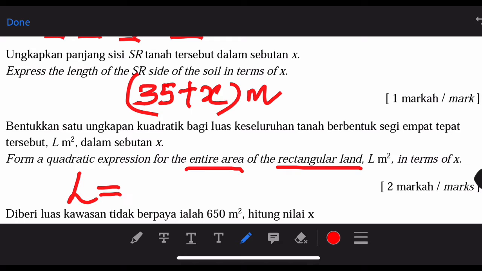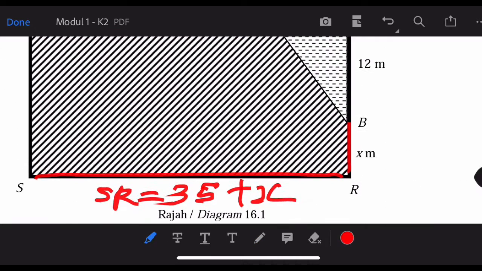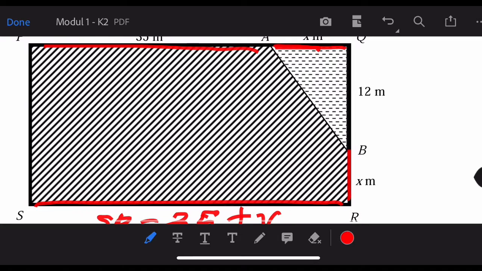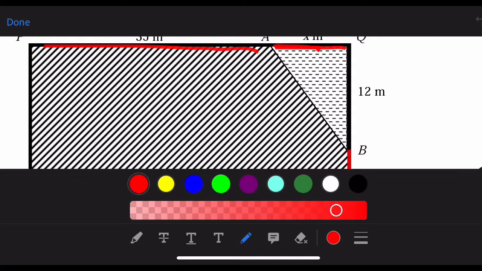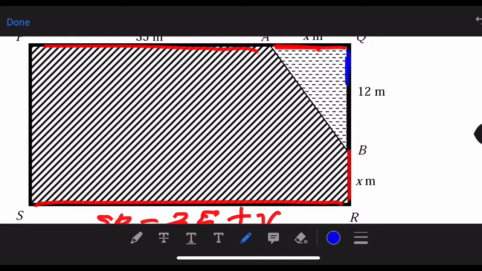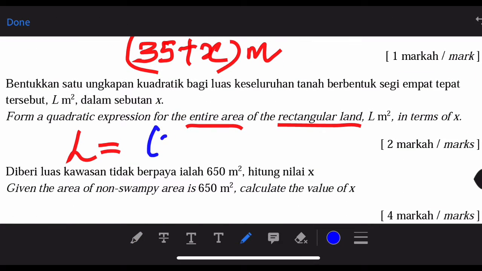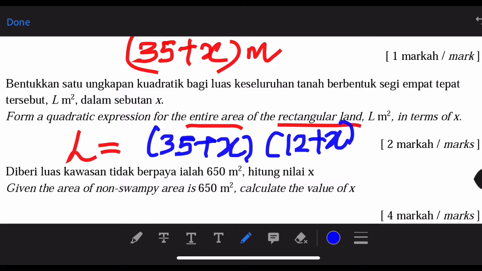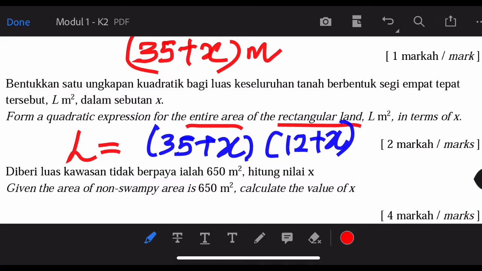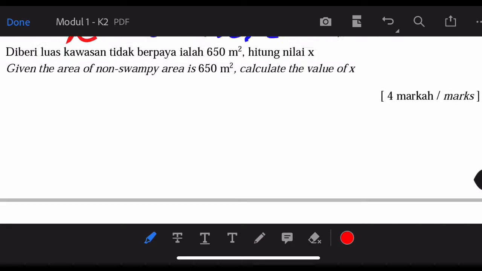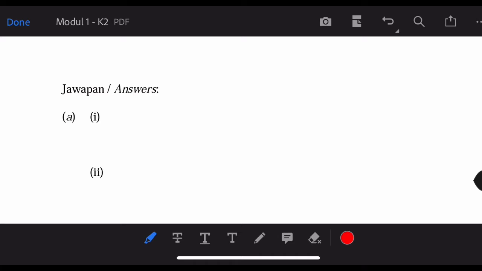L is actually a rectangle, so 35 plus X times the length and the width, just simple, 12 plus X, right? So we write the area is equal to 35 plus X times 12 plus X. Okay, you need to express in simplest form.